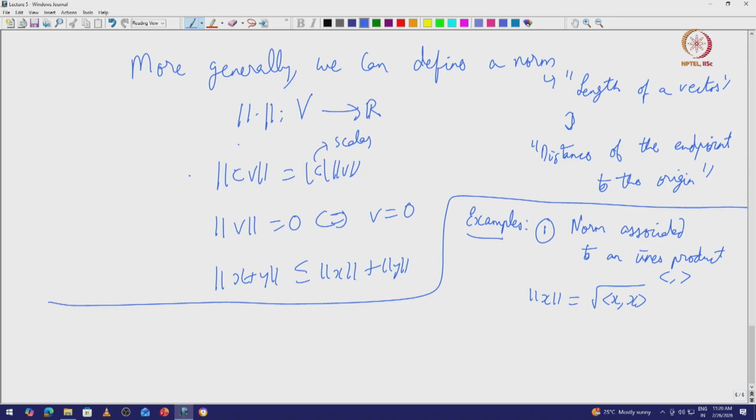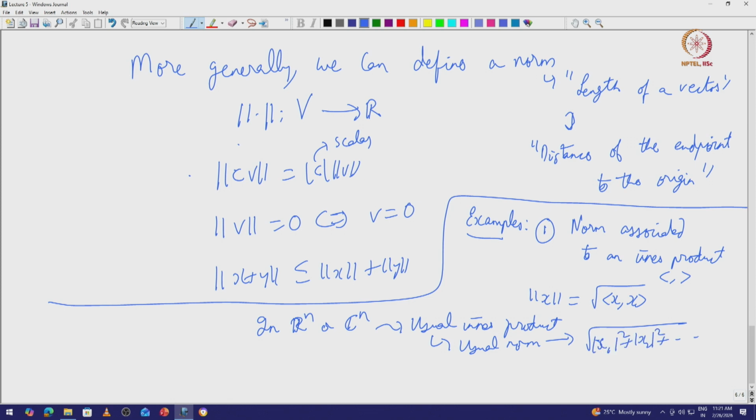So in Rn or Cn, if you take the usual inner product, then the usual norm, that is this one, square root of mod x1 squared plus mod x2 squared and so on, this particular one is given a name. It's sometimes written as the norm of x with a little l2.